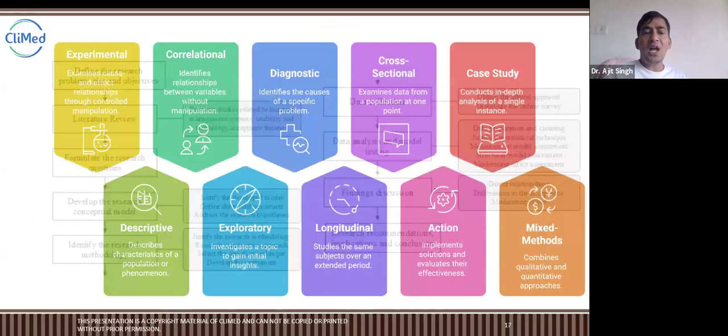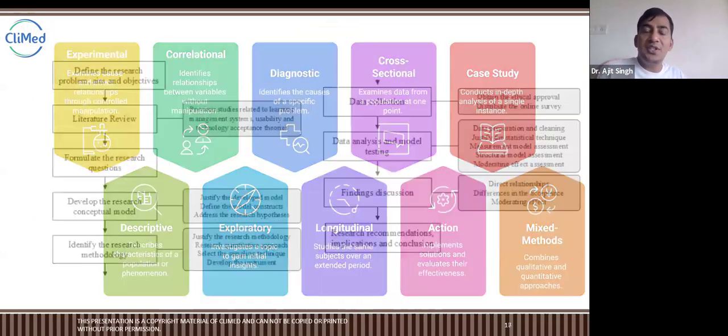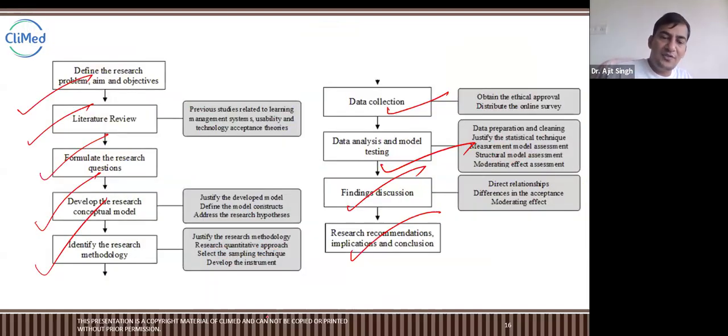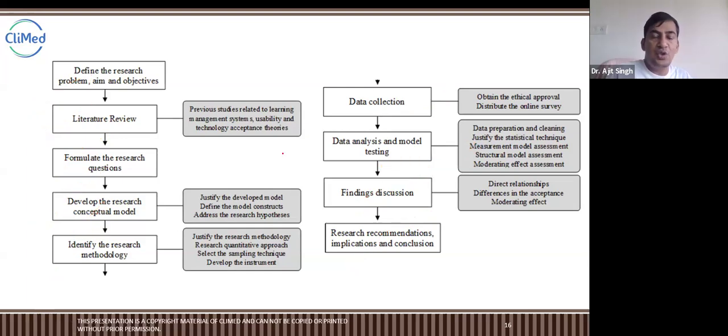Okay. Now, types of study designs. Can someone tell me what the types of study design are, guys? What are the study designs you know? Experimental, observational.